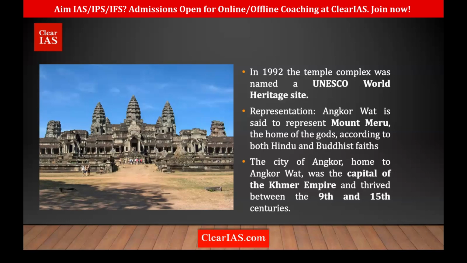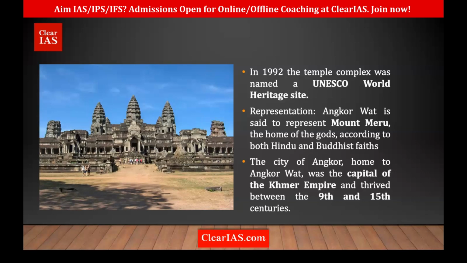So these are the things you must remember about the Angkor Wat temples. It is a UNESCO World Heritage Site and it's gaining a lot of significance recently. Especially India has also said we are going to develop and revive the temple. Although now it is of Buddhist faith, earlier it was of what?